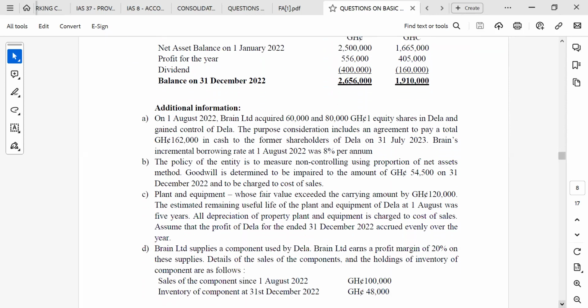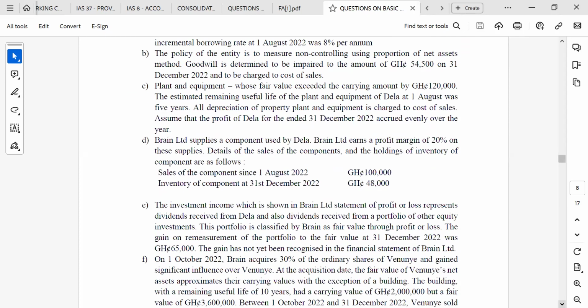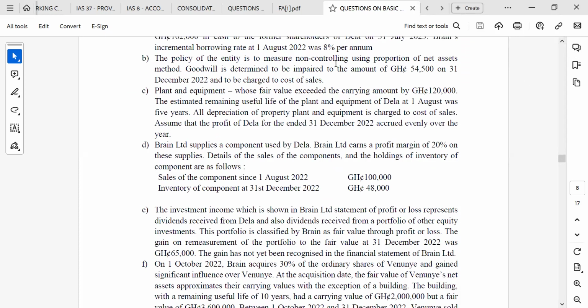So let me check that one. The investment income, which is shown in Brain Limited's statement of financial position, represents the dividend received from Dela and also dividend received from a portfolio of other equity investments. So they are not saying anything about pre-acquisition dividends.